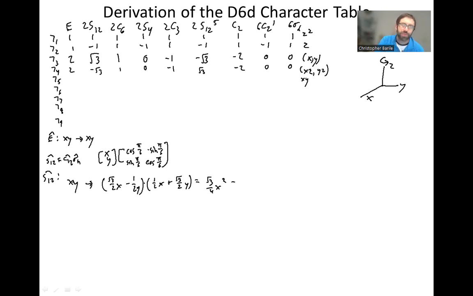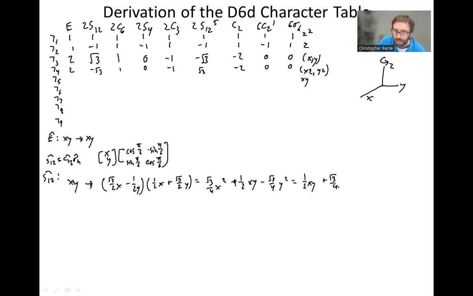So that's a positive 3/4. This was a minus 1/4. So minus 1/4 and positive 3/4 gives us positive 1/2 xy. And then we have this y squared term, which is minus root 3 over 4 y squared. And we can factor out a root 3 over 4.